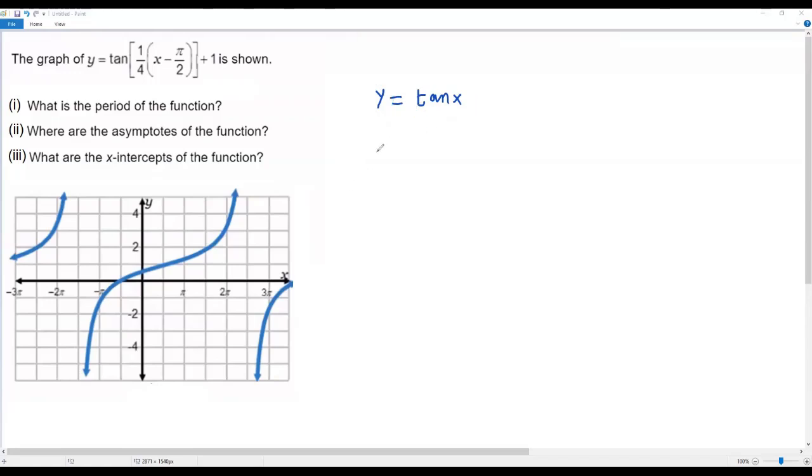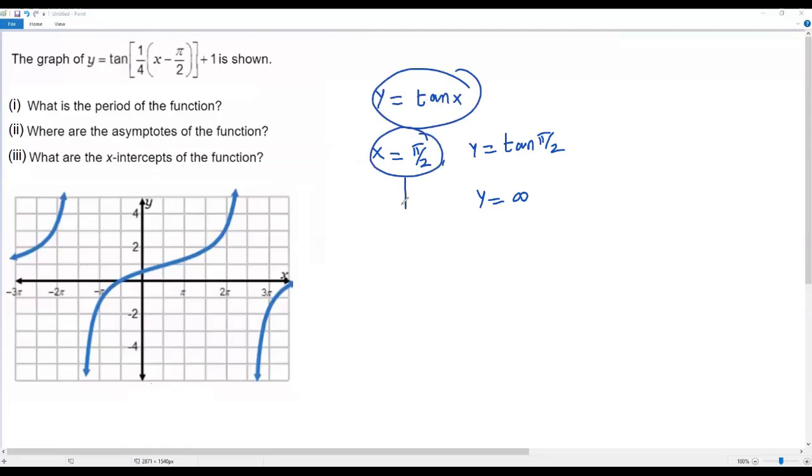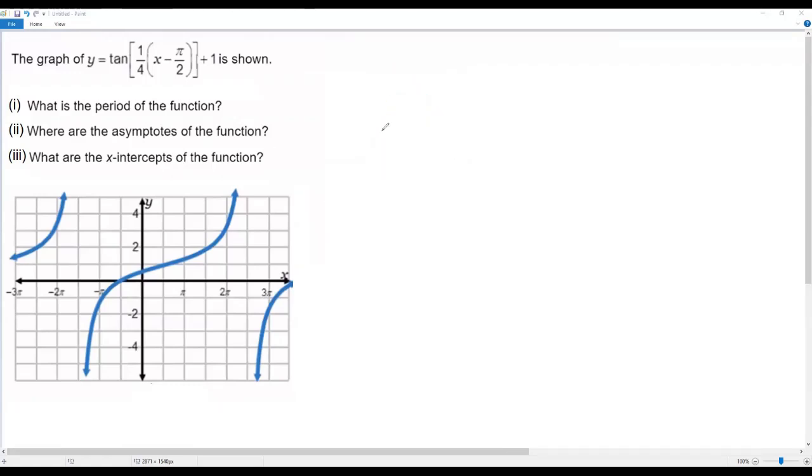We already know very well that when x equals pi over 2, that is 90 degrees, we get y equals tan pi over 2. What is the value of tan pi over 2? It's undefined. So when I plug in x equals pi over 2, y becomes undefined. So for this basic tan function, this is the vertical asymptote. The same logic we have to apply in our problem. So let's consider the given tangent function.